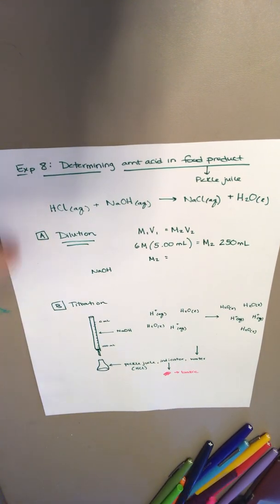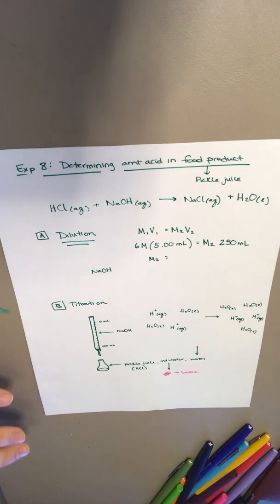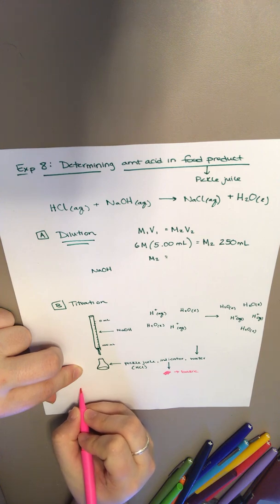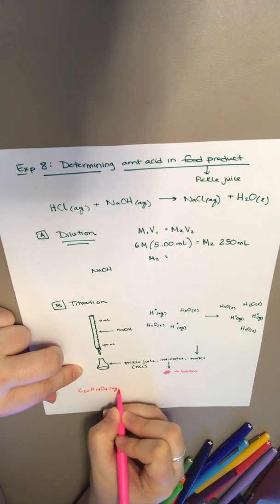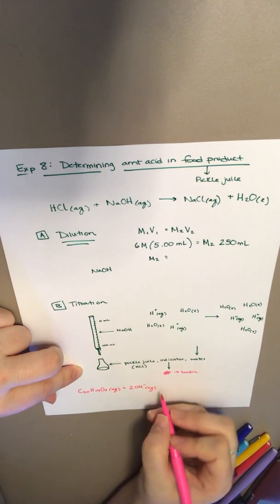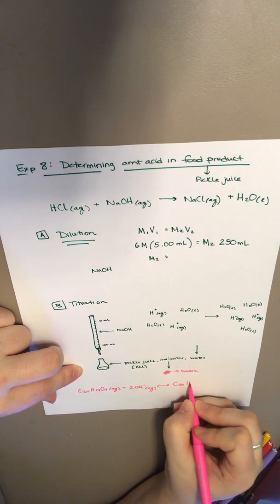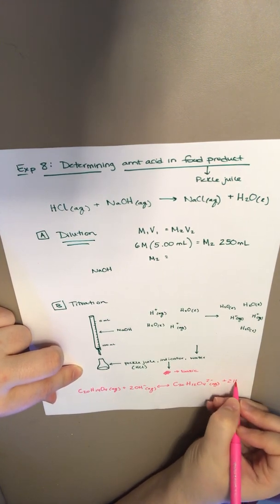You'll notice in the introduction, this whole idea of H plus, and I'll put it down at the bottom here: colorless to pink, with OH minus, is going to lead to C20H12O4 2 minus and 2 H2O.